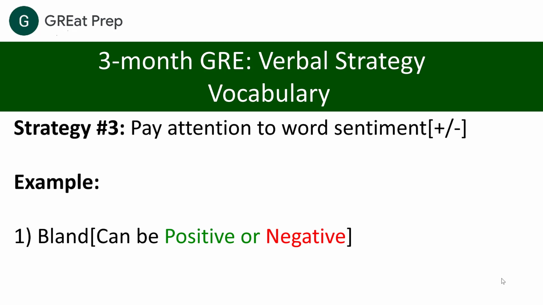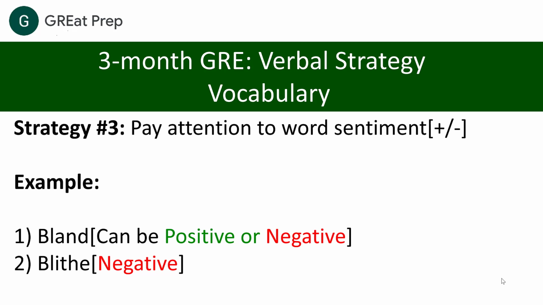Therefore, be very careful when you're using strategy 3, trying to combine it with strategy 2 and looking at all these strategies holistically as you're trying to figure out the right answer. Another word which is a bit easier is the word blithe.